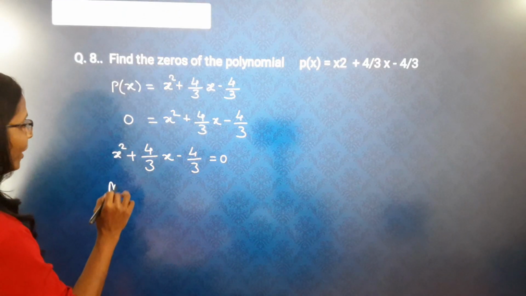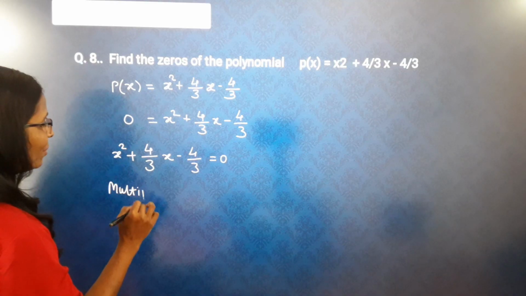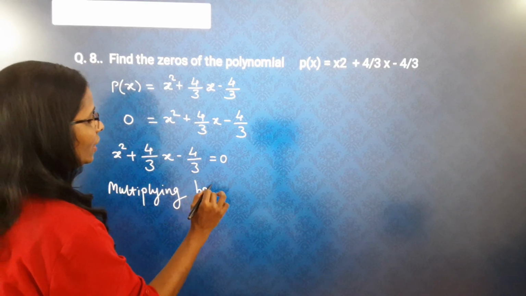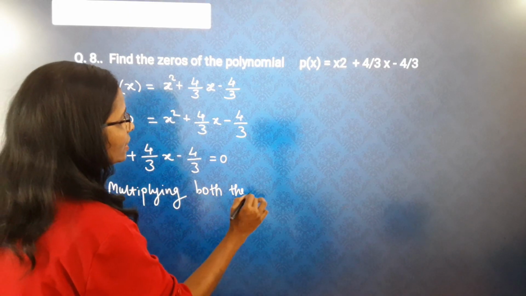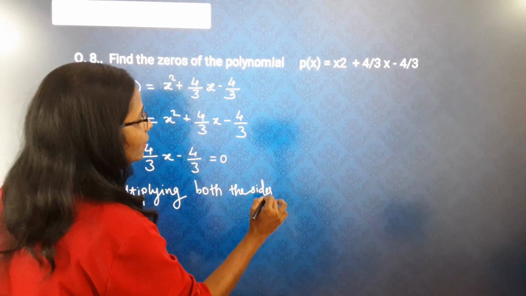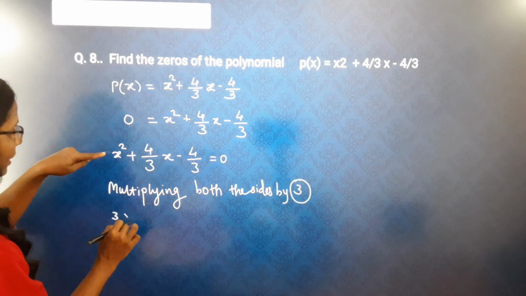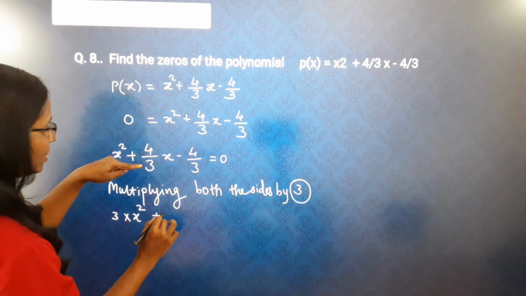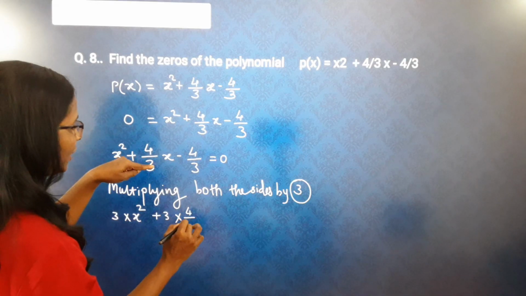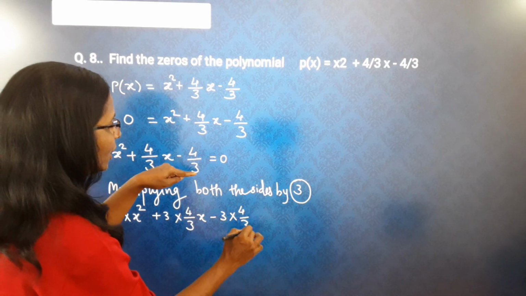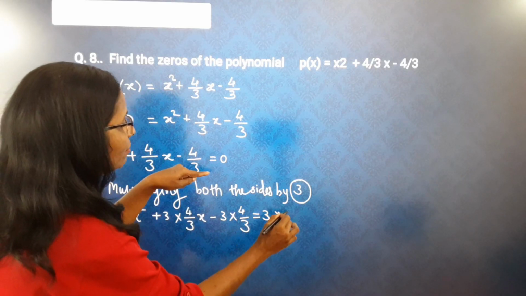So what will I do? Multiplying both the sides by 3. Then 3 multiply x square plus 3 multiply 4 upon 3 x minus 3 multiply 4 upon 3, which is equal to 3 multiply 0.